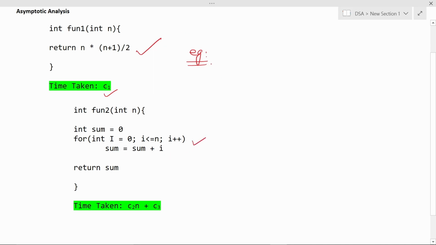You ran it on a slower machine where the value of C1 is 13, so it takes 13 units of time to do this constant amount of work. Your friend ran it on a different machine that is slightly faster, and for your friend C3 takes 5 units of time. So your friend got this expression.